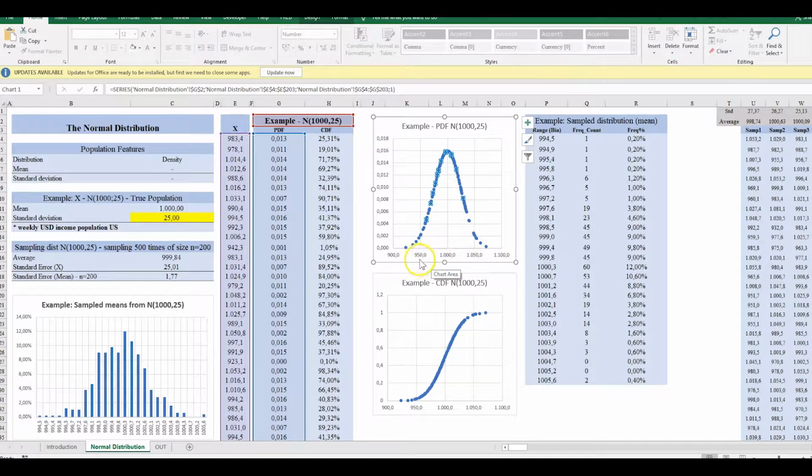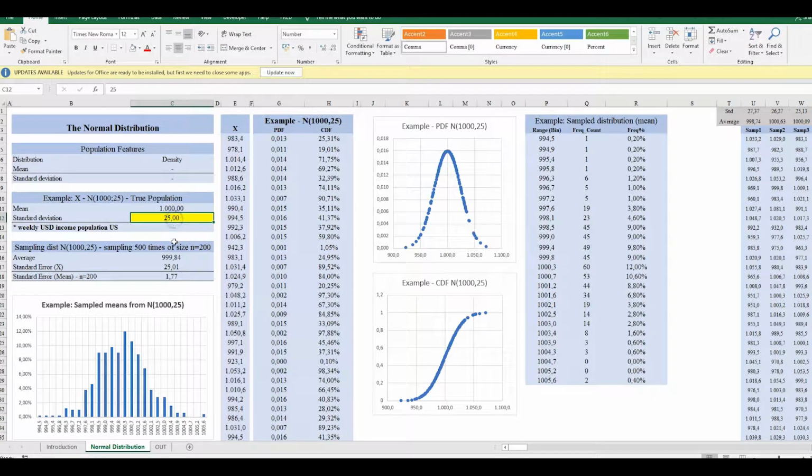And here we can actually identify already the 95% confidence interval. Why? It's because we know that a 95% confidence interval is 2 standard deviations away from the mean in both directions.